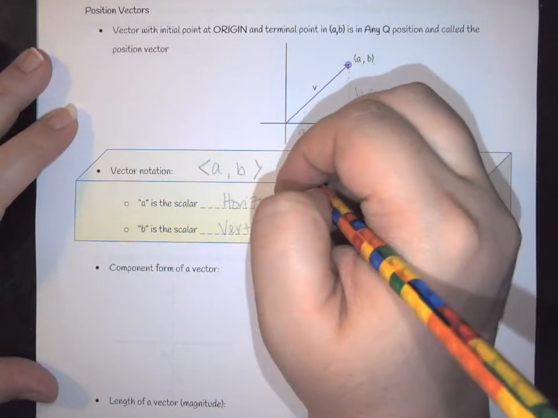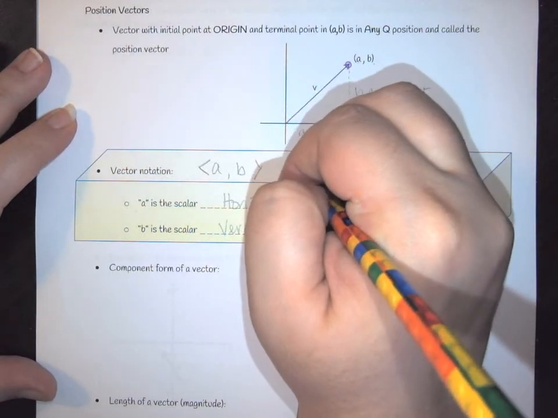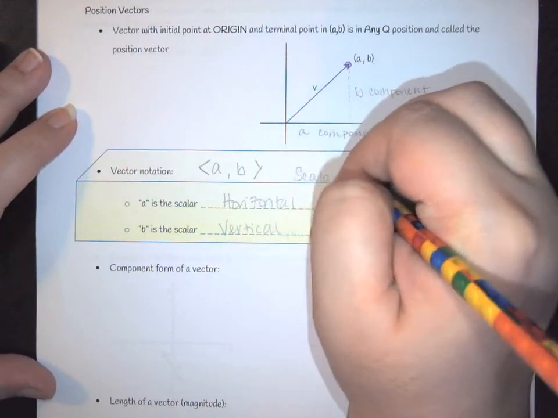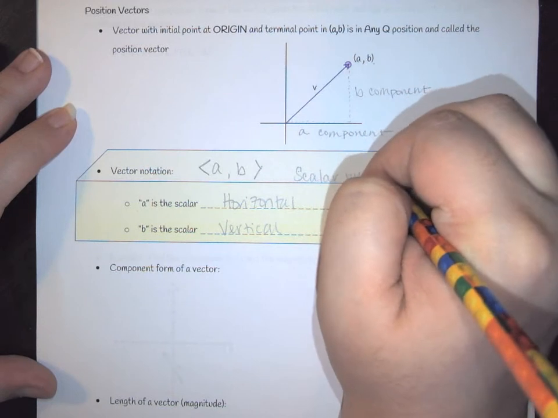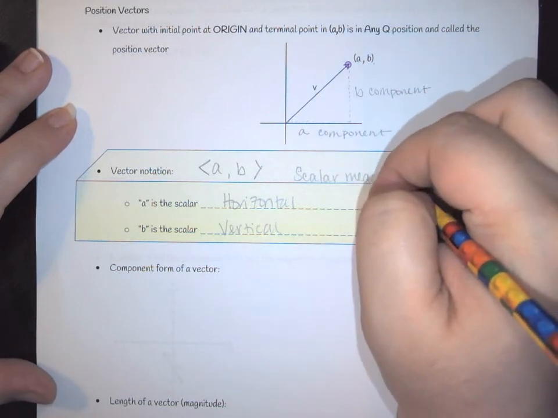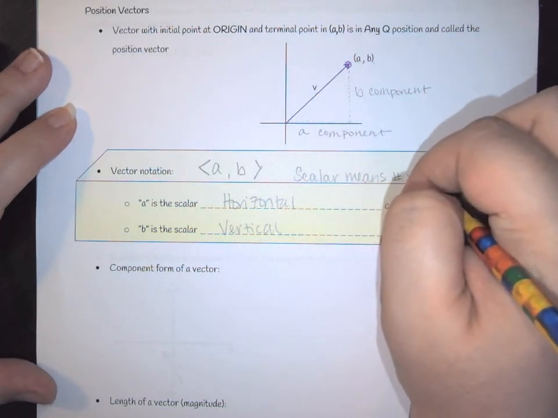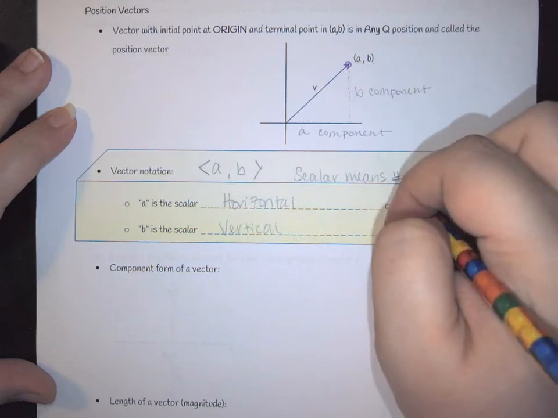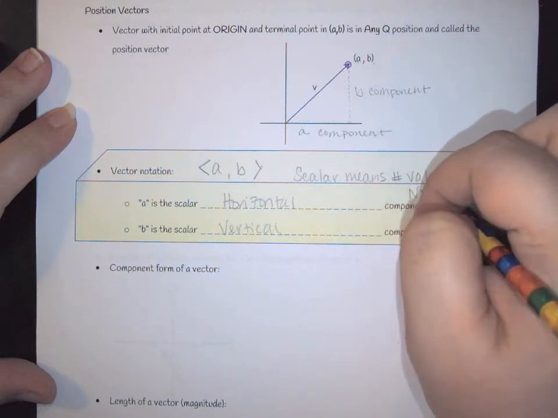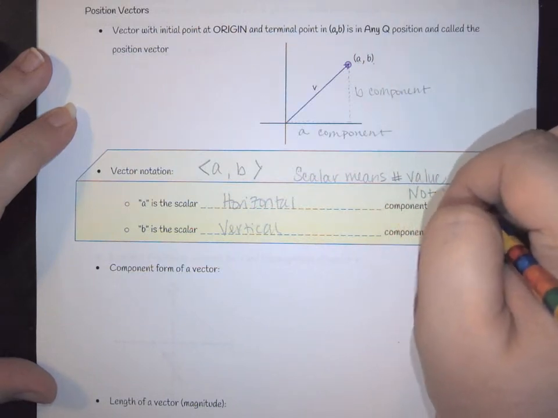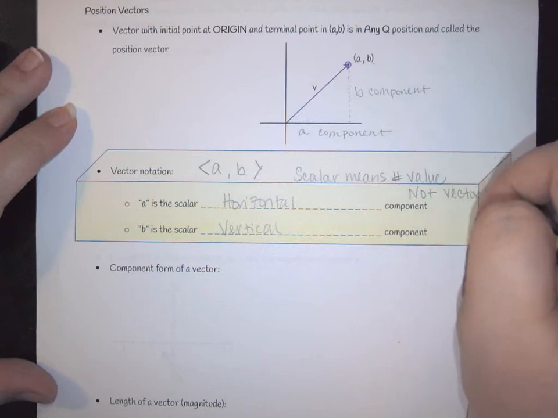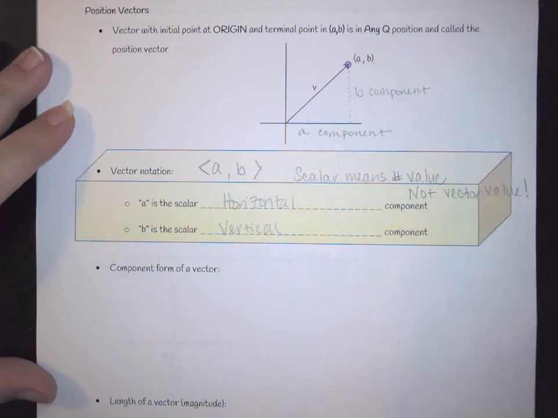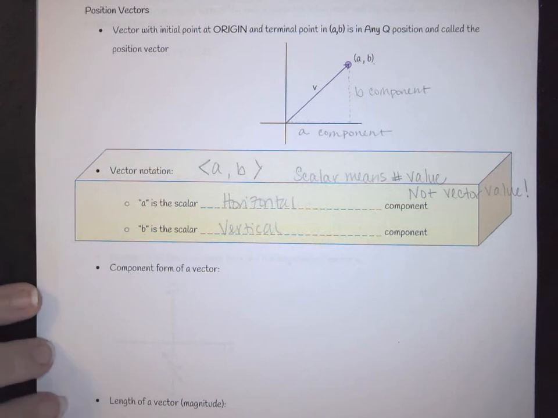And when we talk about scalar, we need to remember that scalar means value or number value. It does not mean vector value. So we're talking about something completely different.